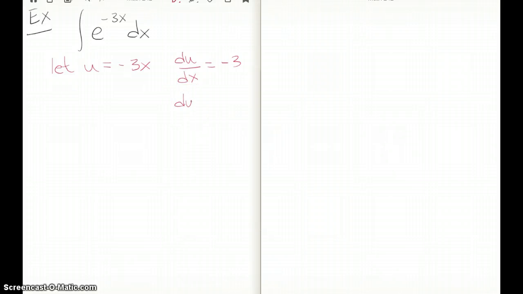I usually say du is equal to negative 3 dx, and then I try noticing if I have what is here, this negative 3 dx, and just replacing it with du. What some people prefer to do is always to isolate the dx and plug that in. In this one, it's not going to make too much of a difference, but you'll see what I mean for the next coming examples.